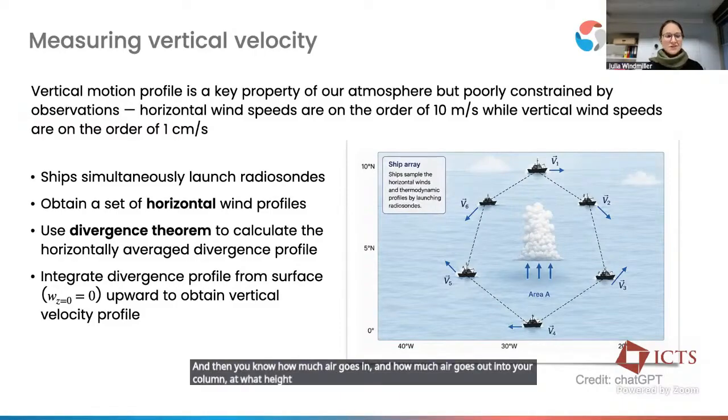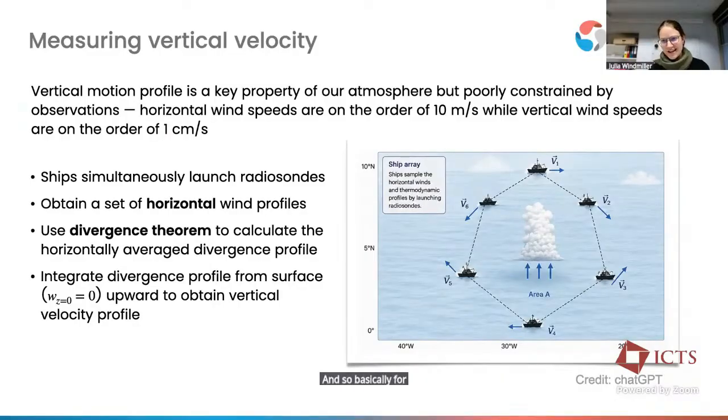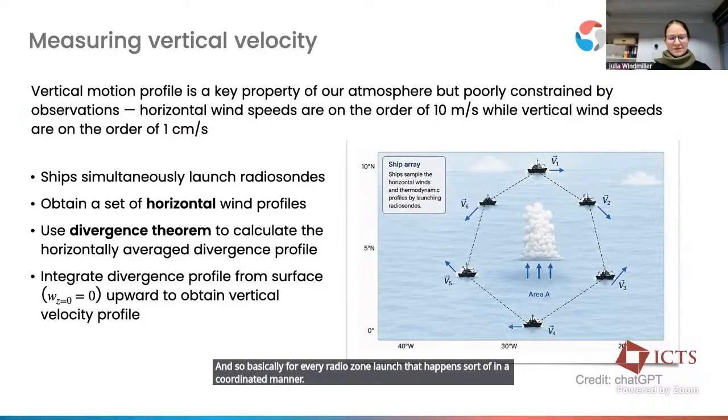Because you know that the vertical velocity at the surface is 0, you can integrate this upward to obtain a vertical velocity profile. So for every coordinated radiosonde launch, you get one mean vertical motion profile from within this column. And you also get the thermodynamic profiles.